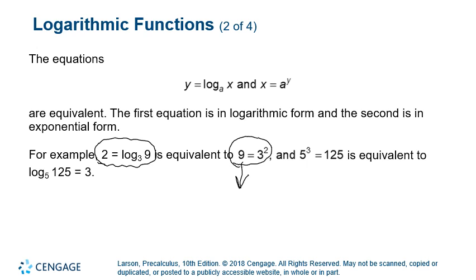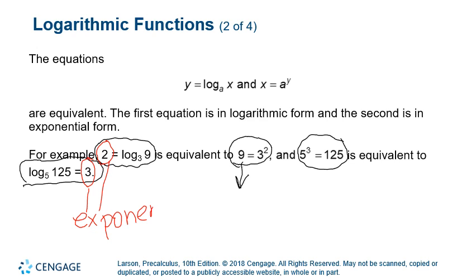Here's another one. 5 cubed equals 125 can be written in logarithmic form as log base 5 of 125 equals 3. So notice the interesting part here. In logarithmic form, this is always the exponent. That's just something to notice.